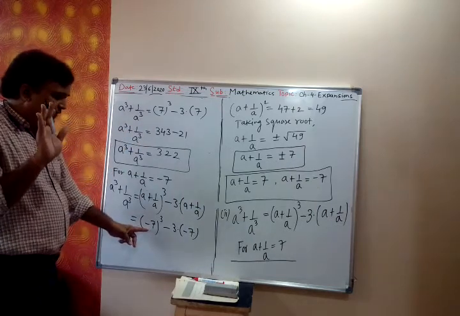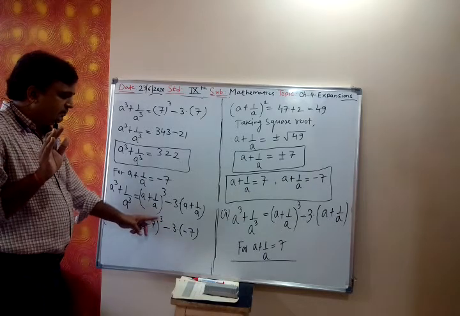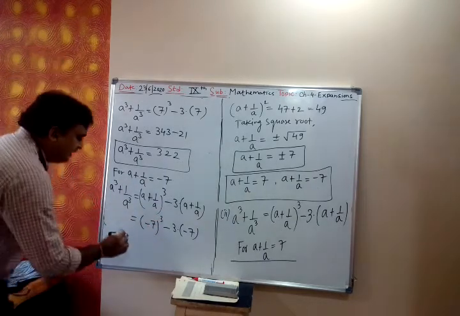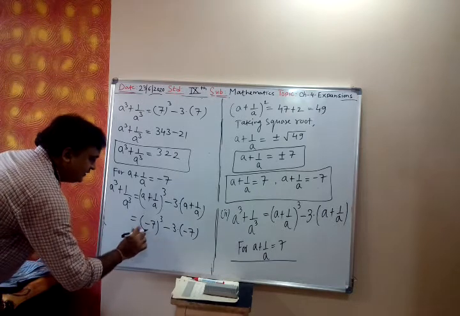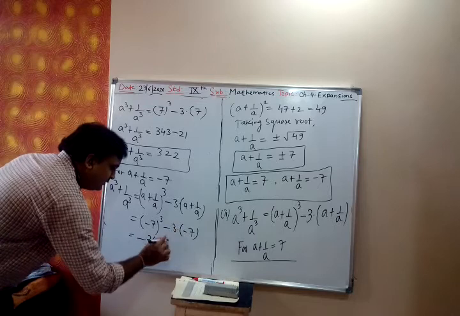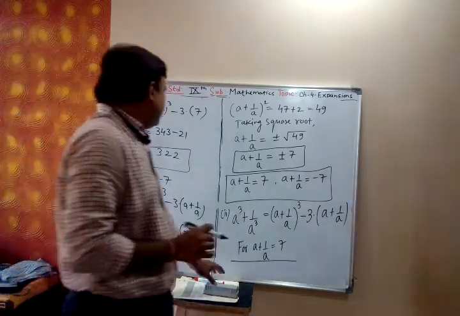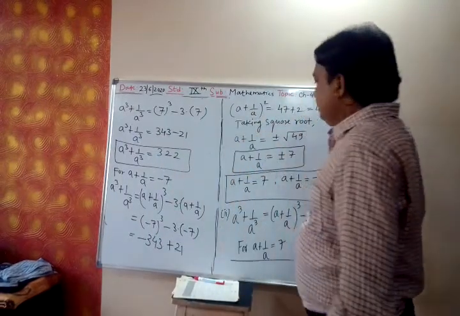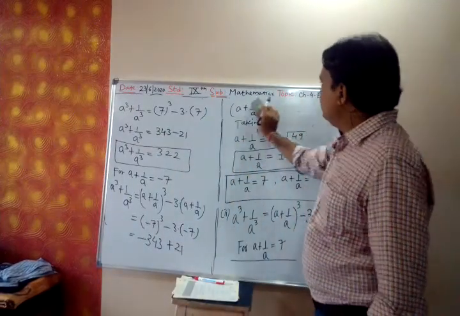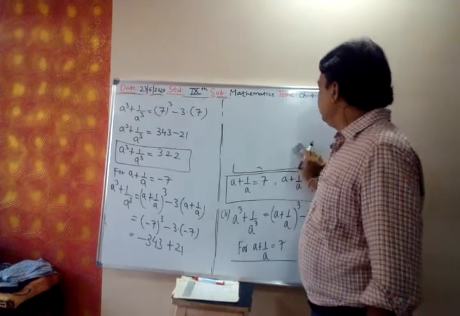See, if the term is minus and the power is odd, finally we get a minus sign. So minus 343, and minus into minus plus, so minus 343 plus 21. Minus 322.